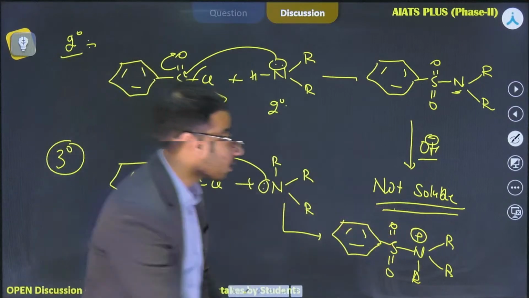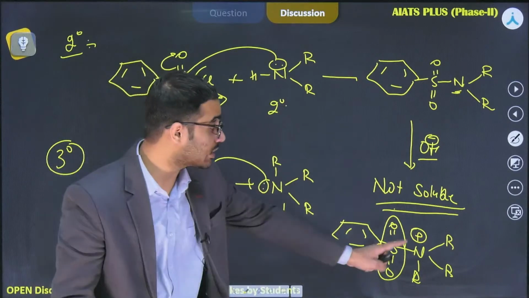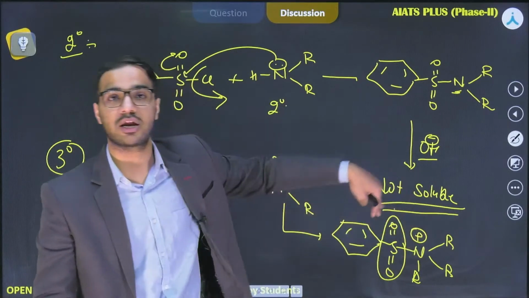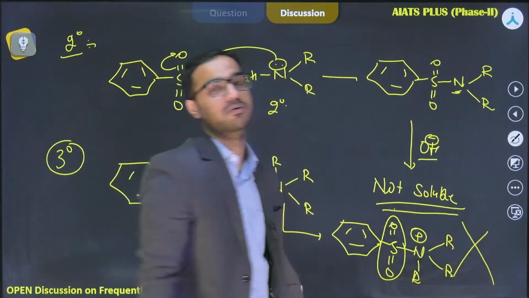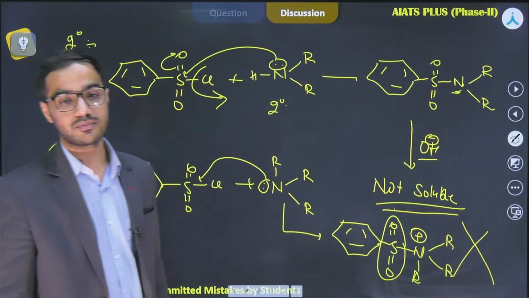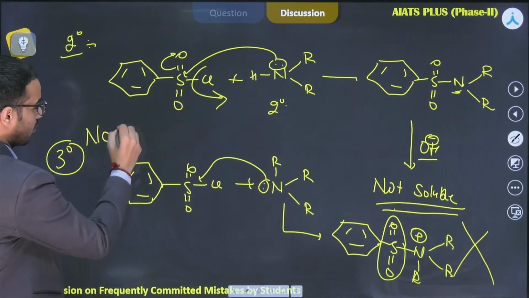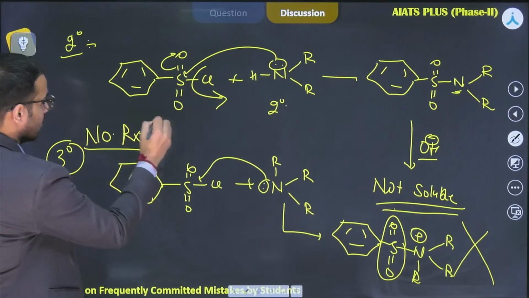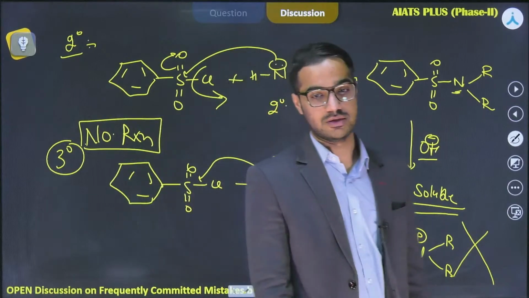This is an electron withdrawing group, and the positive charge is present just next to the electron withdrawing group. This is extremely unstable, so it will never be formed from a tertiary amine. Or we can say that no reaction will undergo in the case of 3-degree amines.